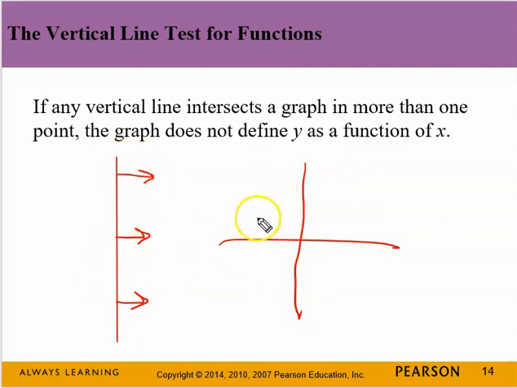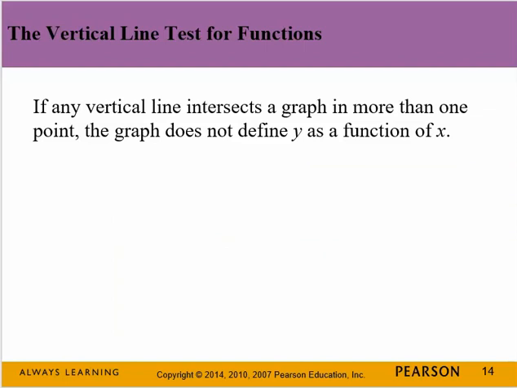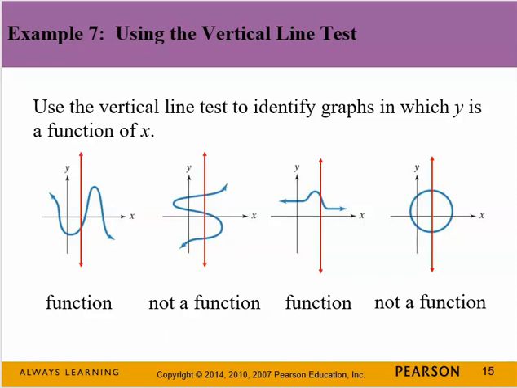And if it does more than one place, it's not a function. But if it only intersects in one place at a time as you move it over the face of the graph, then that is a function. So let's take a look at this and see if these various shapes pass the vertical line test and therefore would be a function.